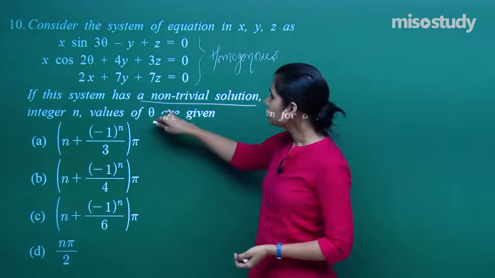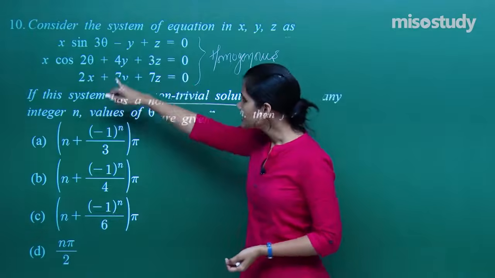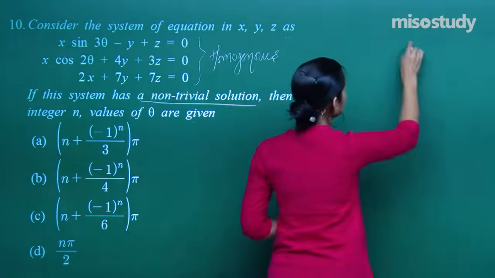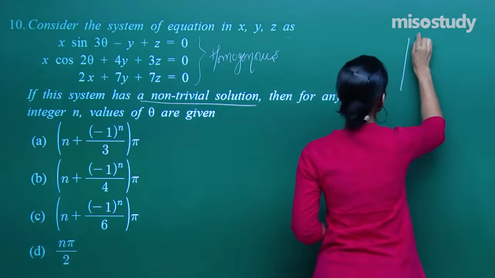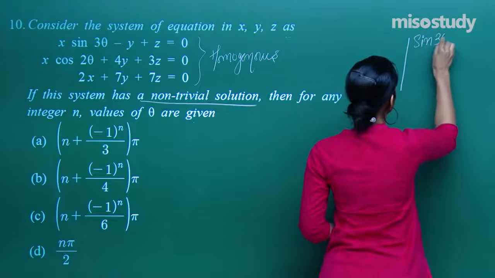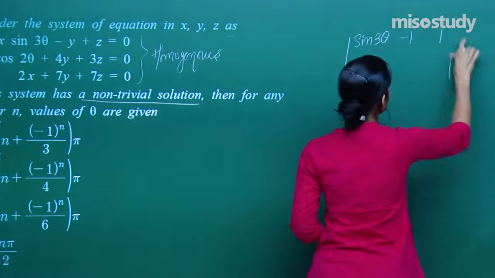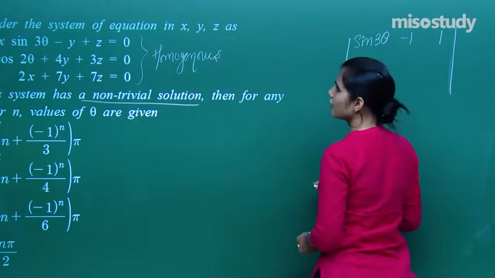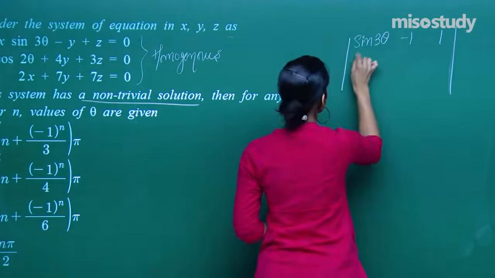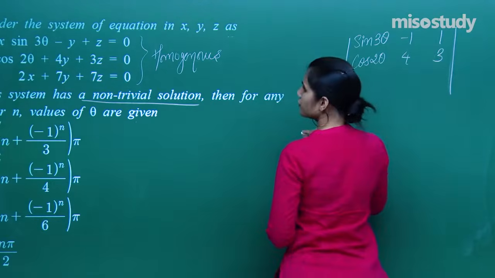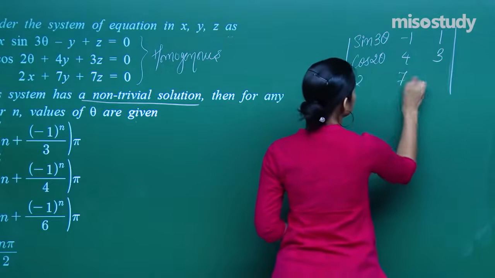So, if you are getting a non-trivial solution, the determinant of the coefficient matrix is 0. So, determinant of sine 3 theta, minus 1, 1; then cos 2 theta, 4, 3; then 2, 7, 7.